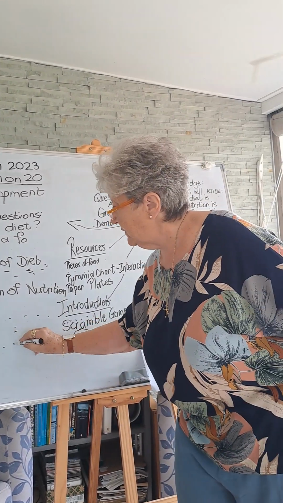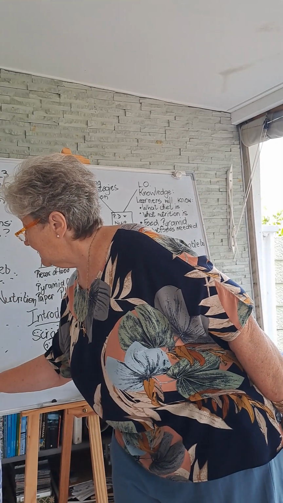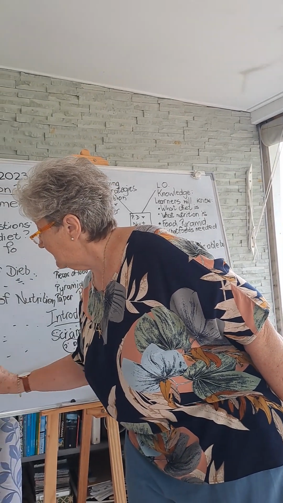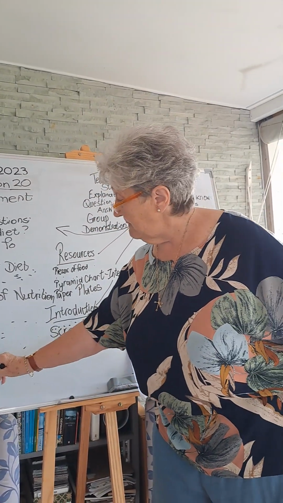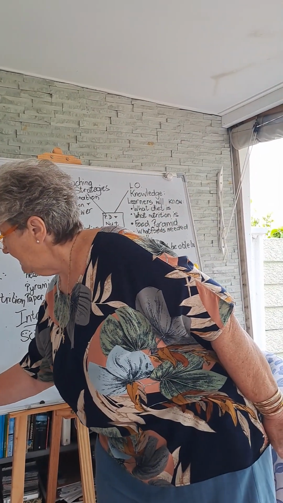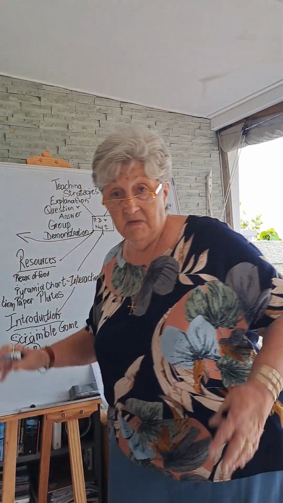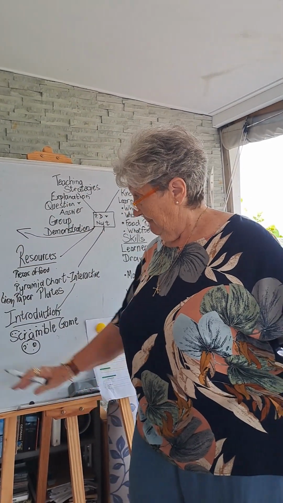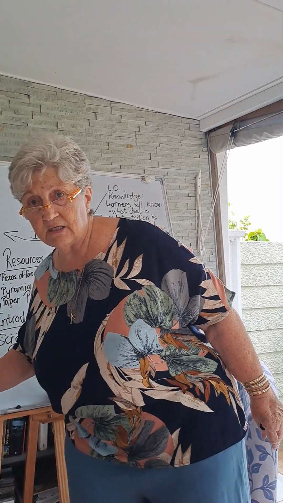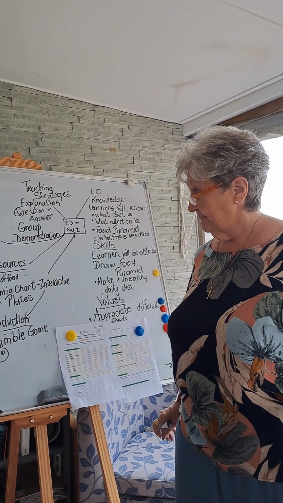You write it all there. Step 6, you might want to tell them about a healthy meal, what it would look like. Step 7 might be something else. It might not be a step 7. But as you go along and teach the information, you are writing it in your development.